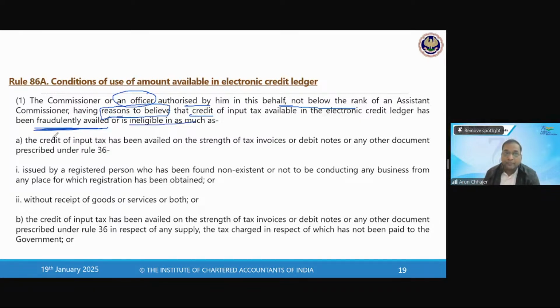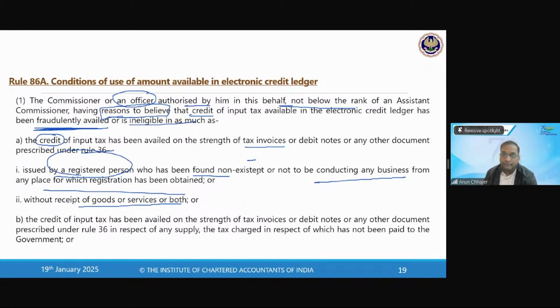As where the credit has been availed on the tax invoice or debit note under Rule 36, which has been issued by a registered person found non-existent, or not conducting any business from any place for which registration has been obtained, or without the receipt of the goods or services or both.